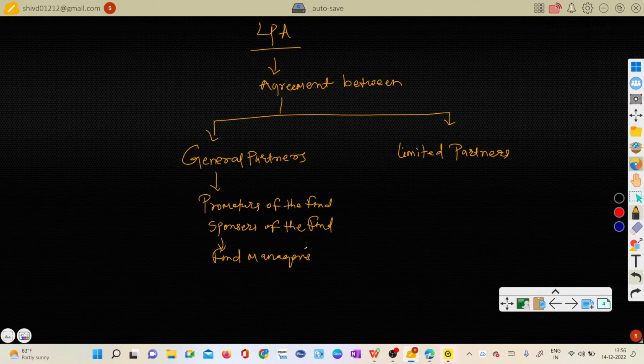And if I take the example of limited partners, those would be investors who are willing to invest in private equity funds.